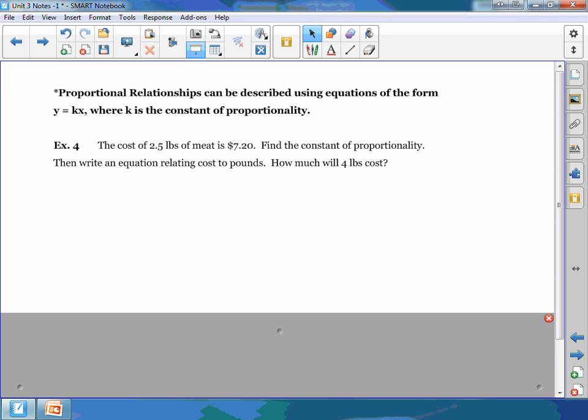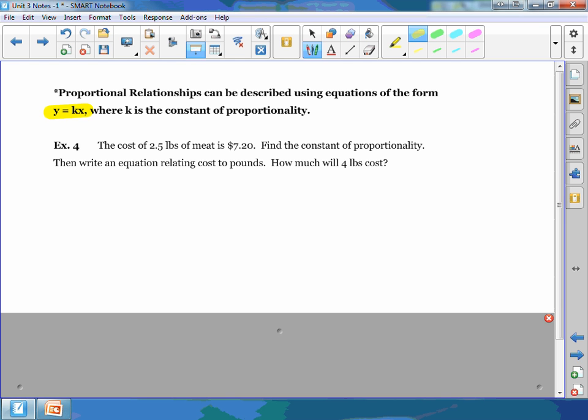All right, here's where it can get a little bit tricky. When we talk about proportional relationships, they must follow an equation that looks like y equals kx. This is the accepted equation that we use for a proportional relationship, where k, again, is the unit rate.